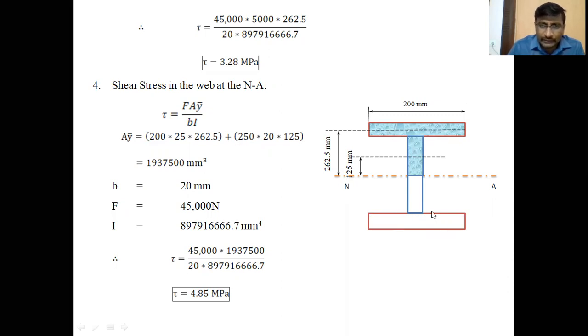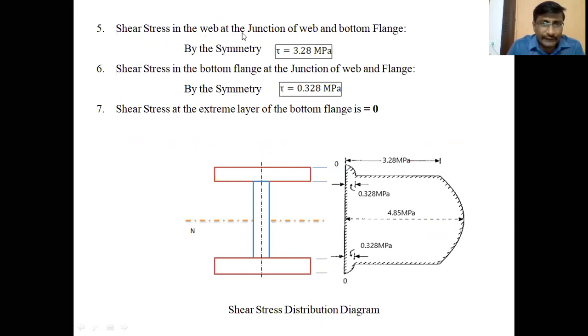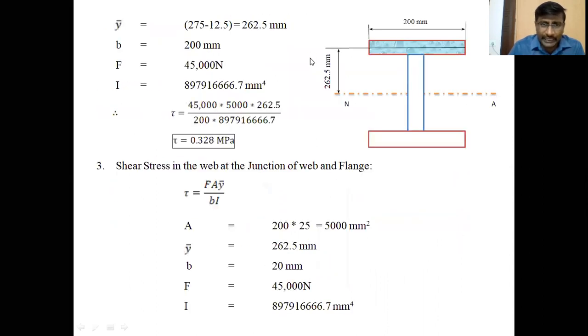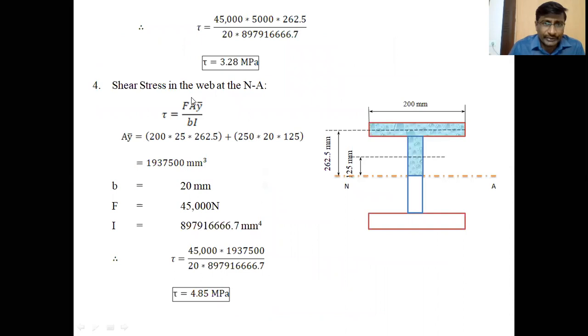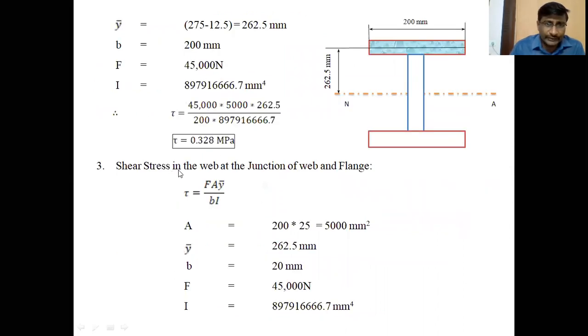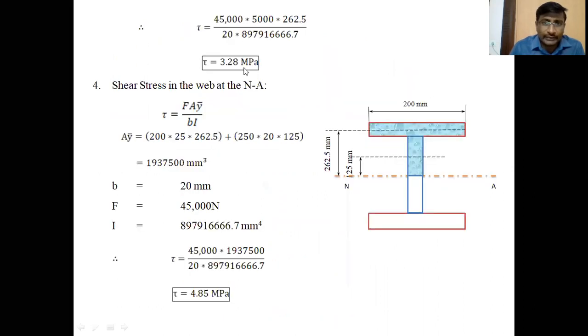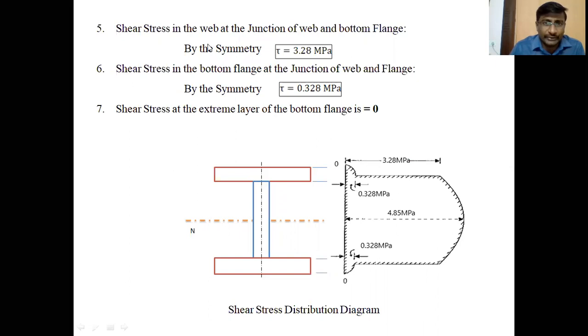So the shear stress in the web at the junction of web and bottom flange has the same value by symmetry: 3.28. We already calculated that the shear stress in the web at the junction of web and upper flange is 3.28, so the bottom junction has the same value. So by symmetry, tau equals 3.28 megapascals.